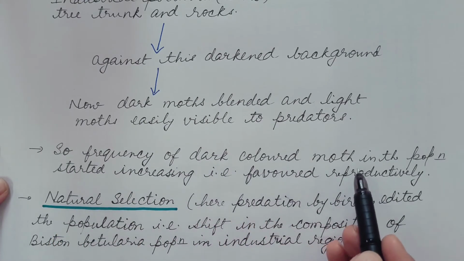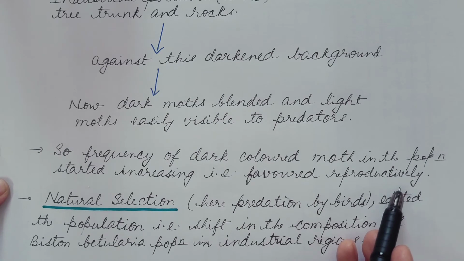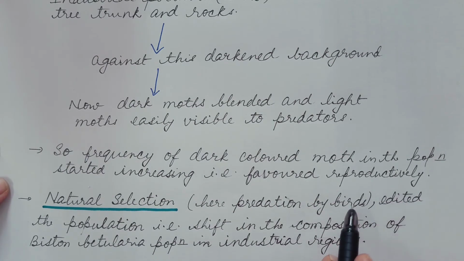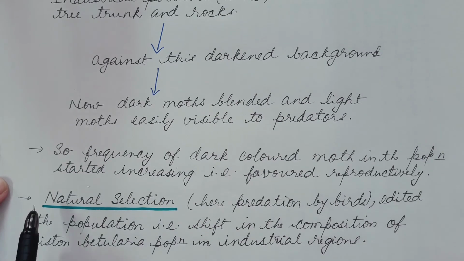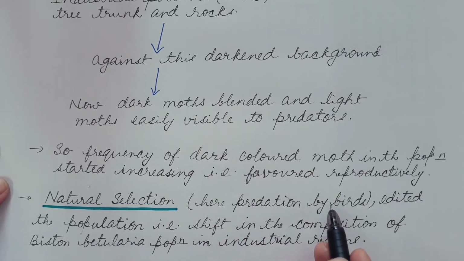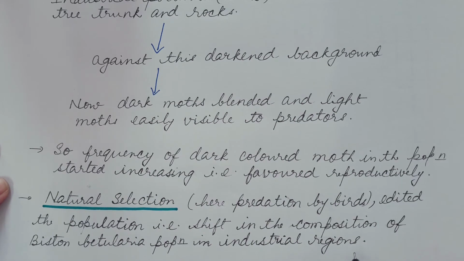So the frequency of dark colored moths in the population started increasing, that is, they were favored reproductively, but most of the light colored moths were preyed upon, and hence these were not reproductively favored. So we can say that natural selection, in this case predation by birds, edited the population. That is, it resulted in a shift in the composition of the Biston betularia population in industrial regions, from light colored moth to dark colored moth.